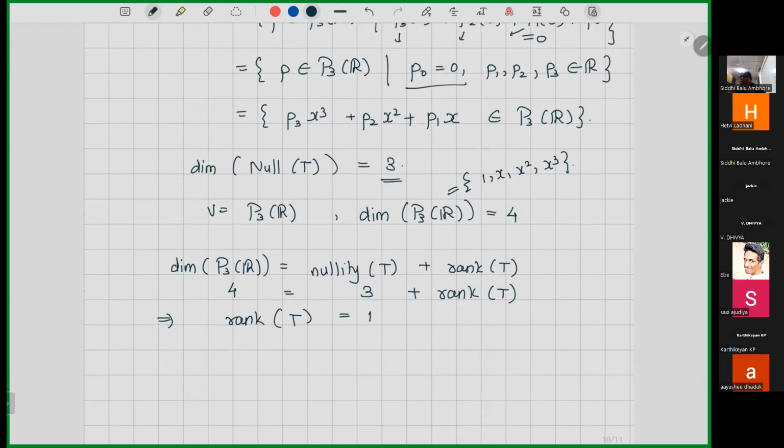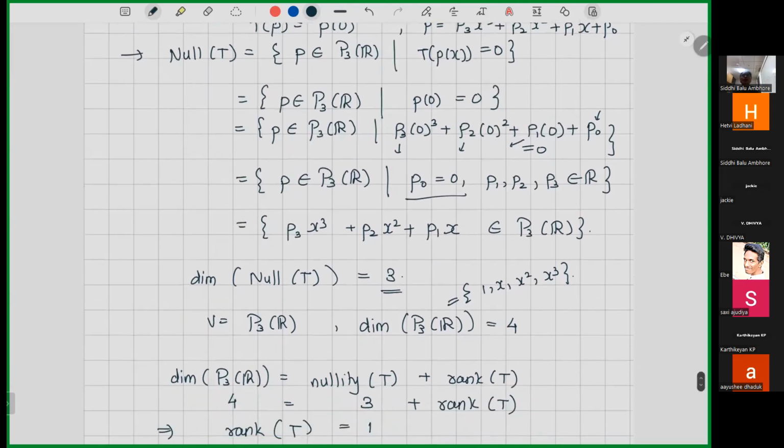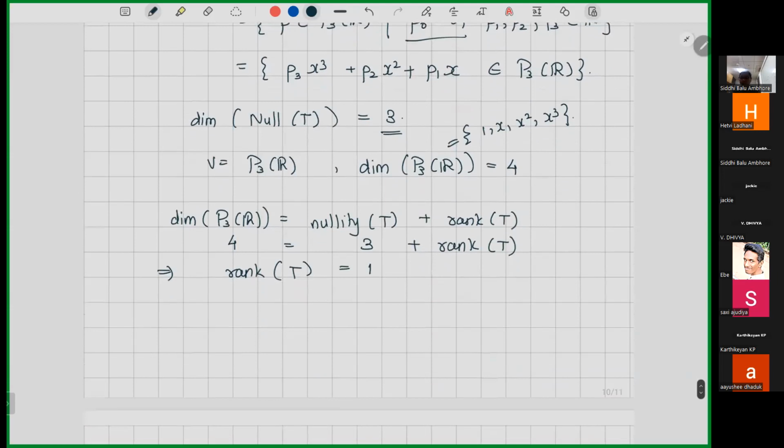Regarding the matrix of the transformation, yes, we can do that. That's not a problem. We can find the matrix of the transformation and check its rank, and whatever the dimension is, we will get. Using the null space we get the nullity, and using the rank of the transformation matrix we will get the rank of T. Yes, you can do that.